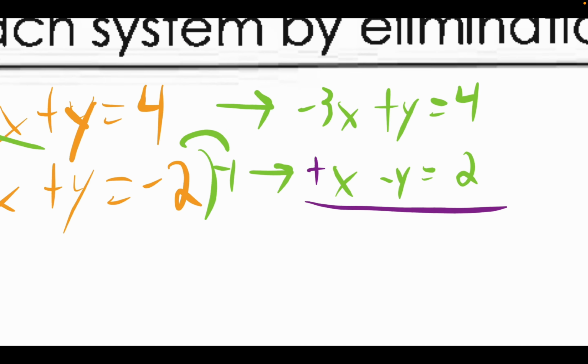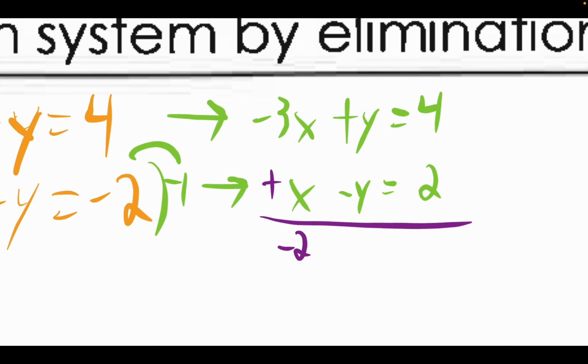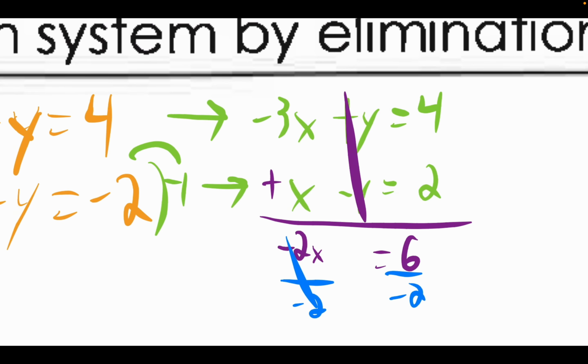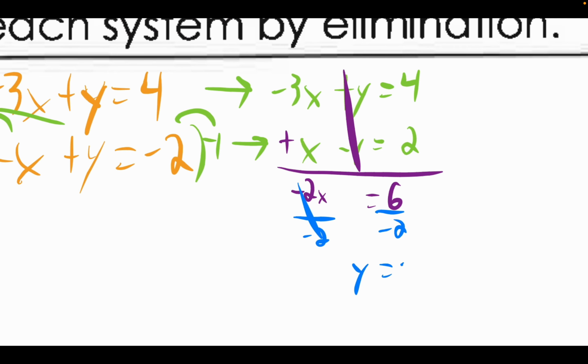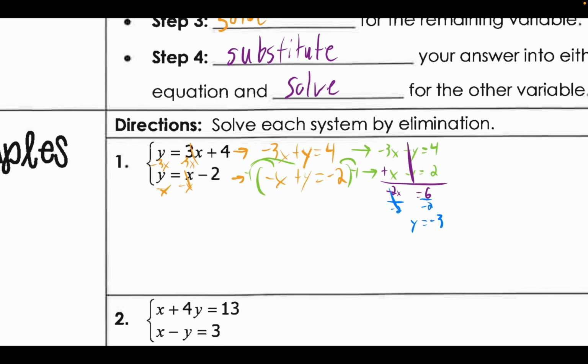Now as I go ahead and add these, I'll end up getting -2x, no y's left, equals 6. So I'll go ahead and divide by -2. And I'll end up getting x to equal -3. Now I'm going to plug this into either my original equations, or I could do the modified ones in orange or green as well.